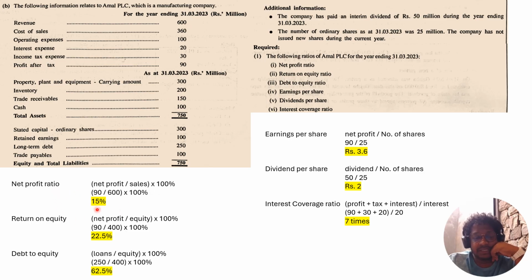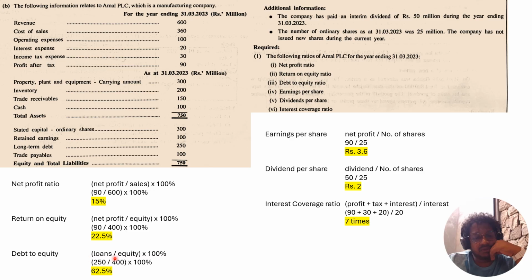So the net profit ratio is 15%. To find out return on equity, net profit divided by equity. Net profit is given as 90 directly, and equity means stated capital plus reserves. So 300 plus 100, your equity is 400. So your return on equity is 22.5.